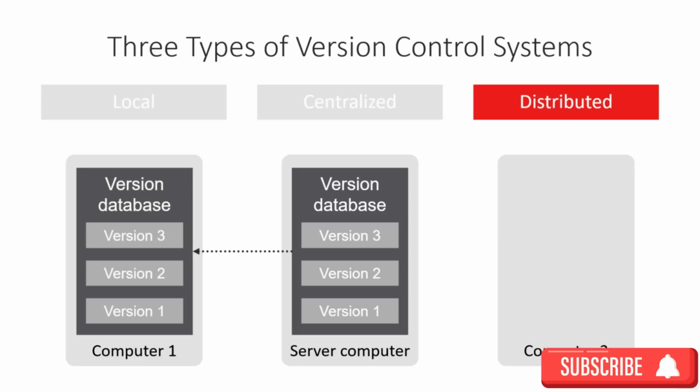Instead of this, you copy the whole version database to your computer. So, you can see the version database is distributed across multiple computers. This is the reason why it is called a distributed version control system.